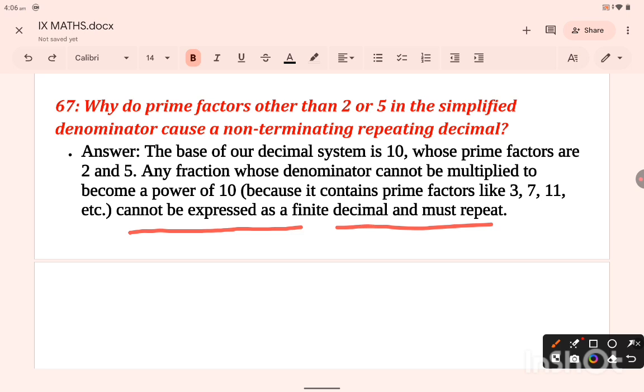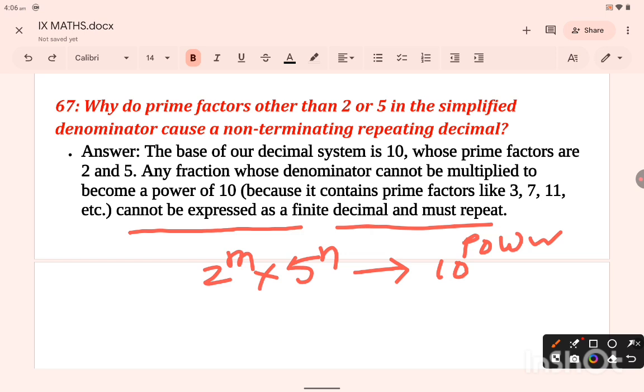If the denominator of a simplified fraction is in the form of 2 to the power of m into 5 to the power of n, then that denominator can be expressed as a power of 10.